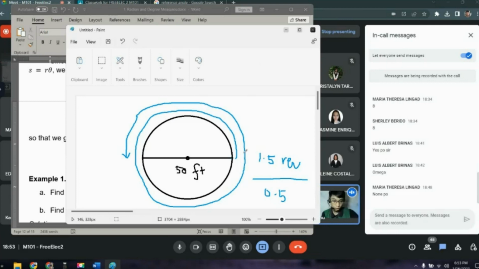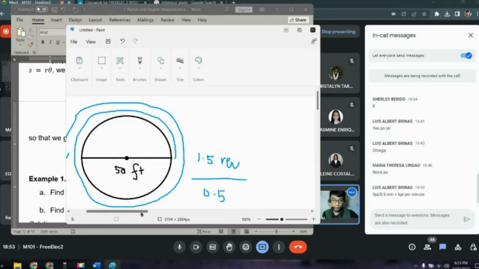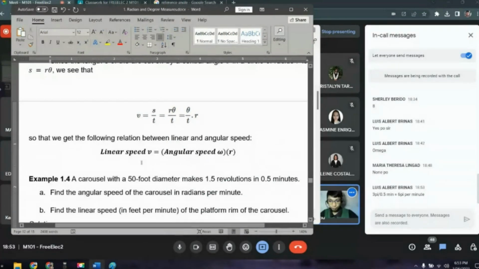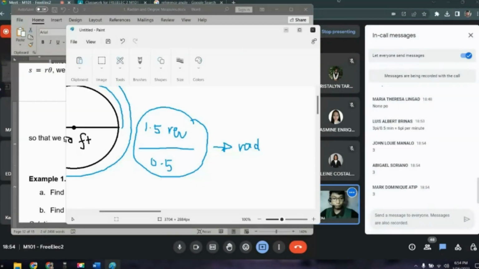First thing to do is to convert this into the radian measure. We need to convert this into radian measure. Okay, because basically, this is already our theta. Or I mean, this is already our angular speed. Wait, let's take it one at a time.